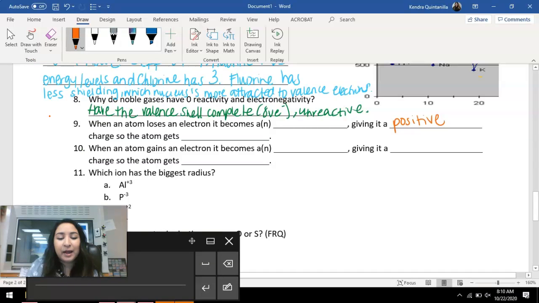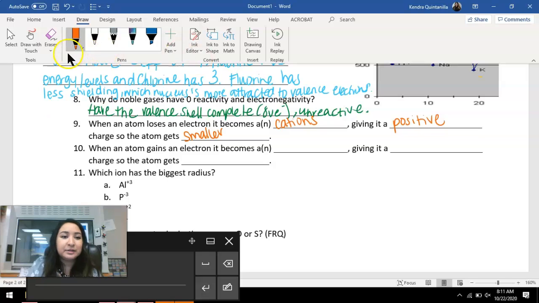And I know the atoms that are positive are called cations. So when an atom loses an electron, it becomes a cation, giving it a positive charge. Because they lost an electron, there's less electron-electron repulsion, so the atom gets smaller.